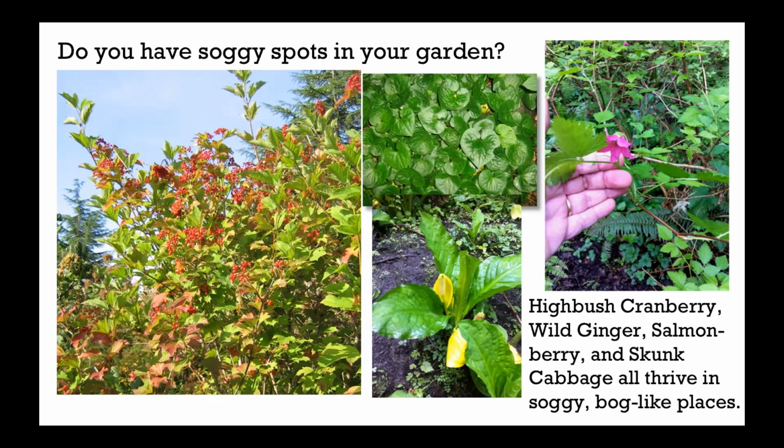These are all plants that thrive in these kind of soggy, bog-like places that you might have at the bottom of a slope, or if other properties around you are sloping towards yours, you may have wet areas in your yard that you're looking for plants to thrive in. And there are these plants and many others that will thrive in those conditions as well.